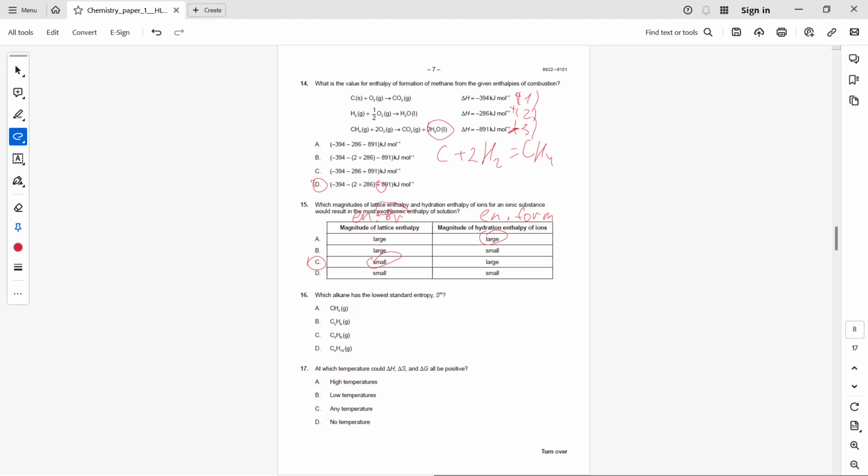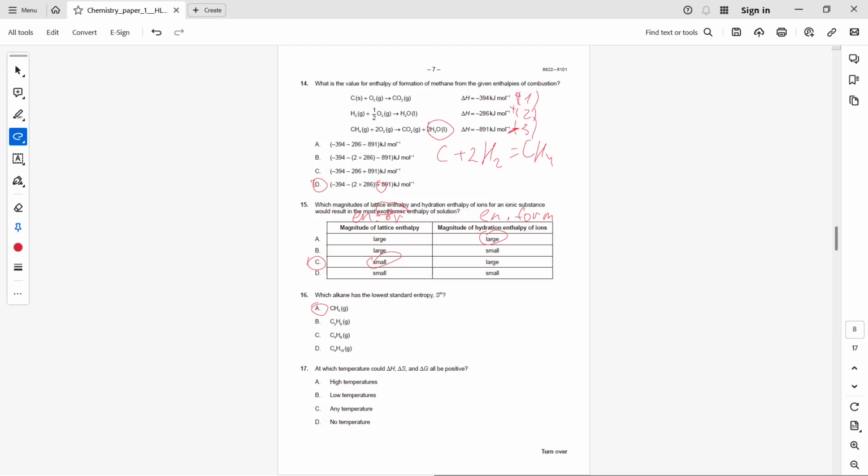So we need to release as much energy as we can by formation and spend as little energy as we can for breaking the lattice.